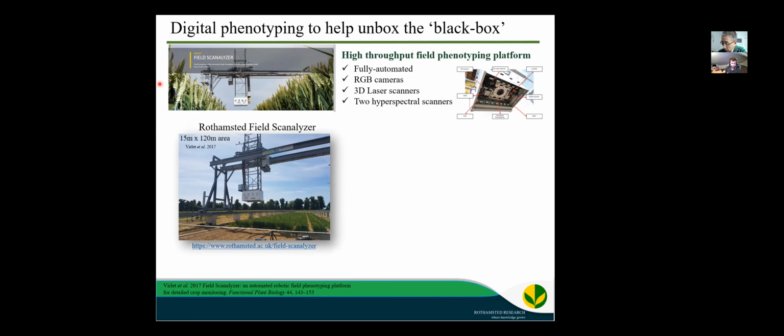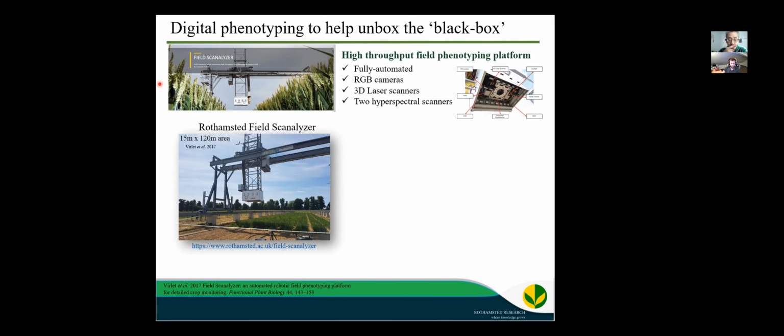However, of course, it's a very short space where you can put your trials, and we tried to increase the area, but it's only one place. You cannot have this G by E, so then you have to look at drones.